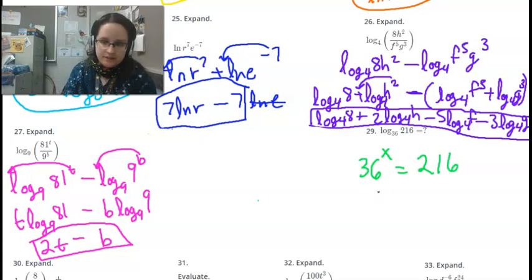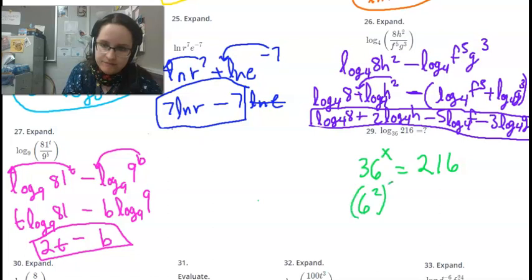Notice that these are multi-powered bases. 36 is a perfect square, it's 6 squared. 216 is also a multi-powered base, it's really 6 to the 3rd power. So we have 6 to the 2x equals 6 to the third power.